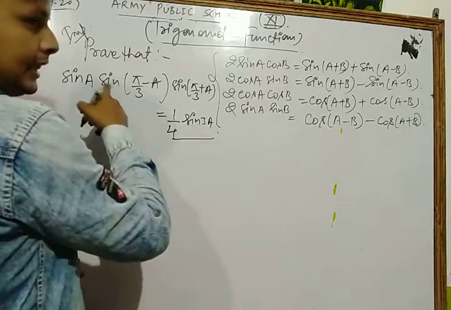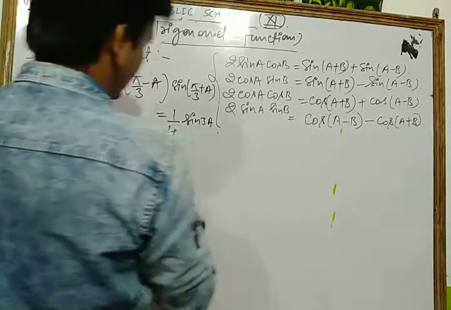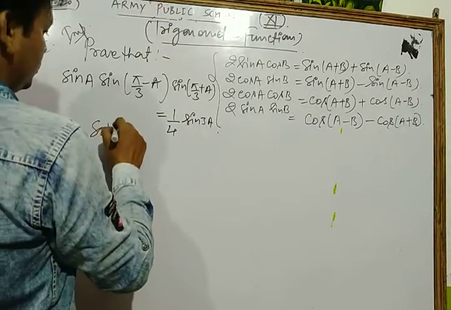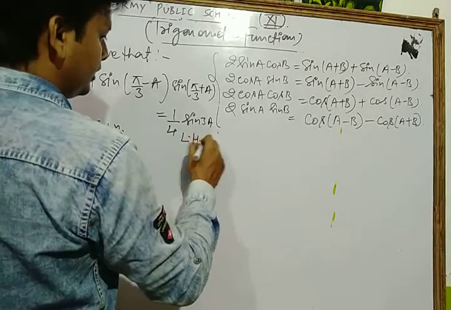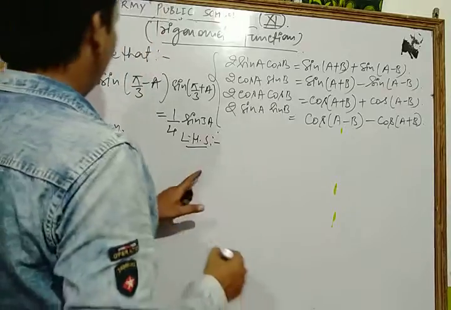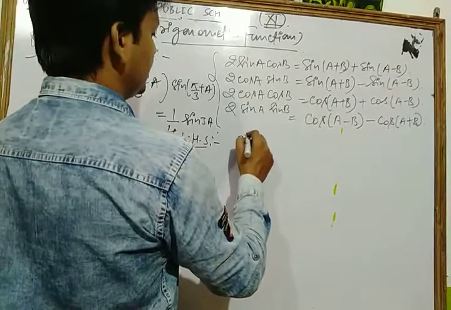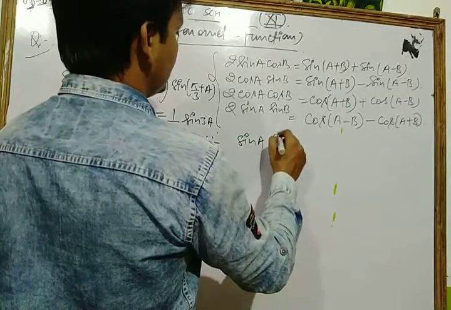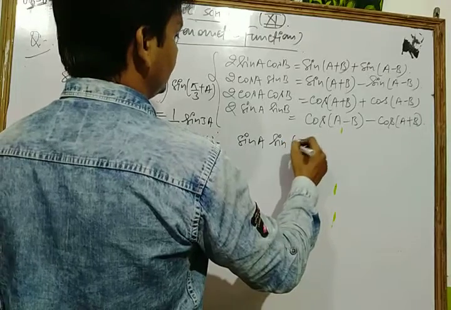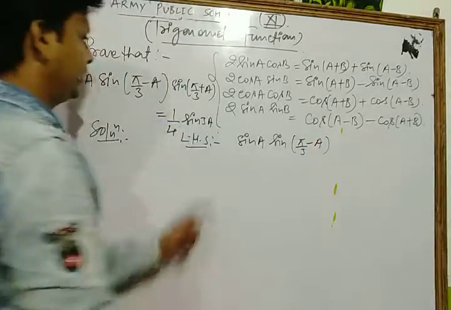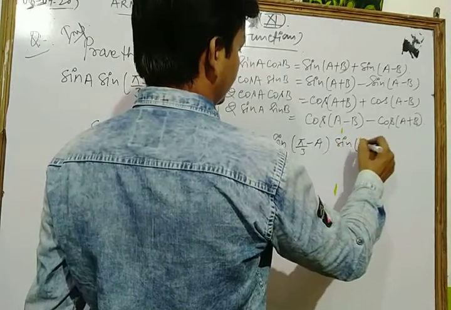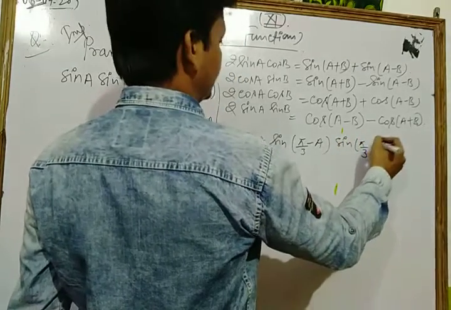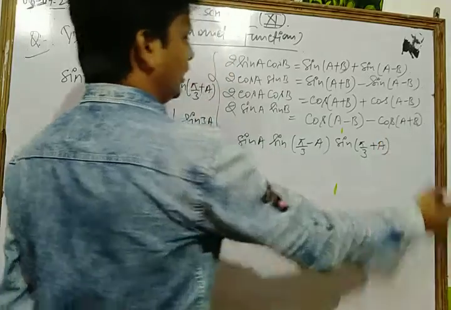First we take the left hand side. Let's solve it. What is this? Sin A into sin(pi by 3 minus A) into sin(pi by 3 plus A).